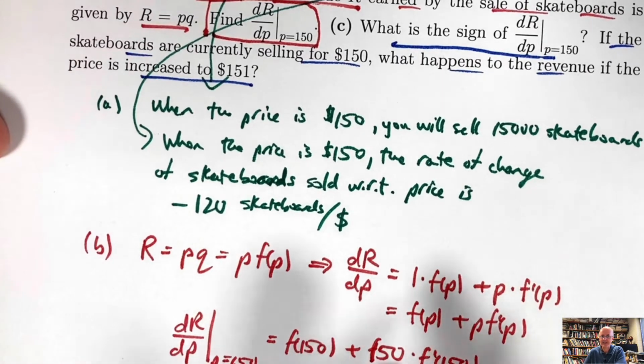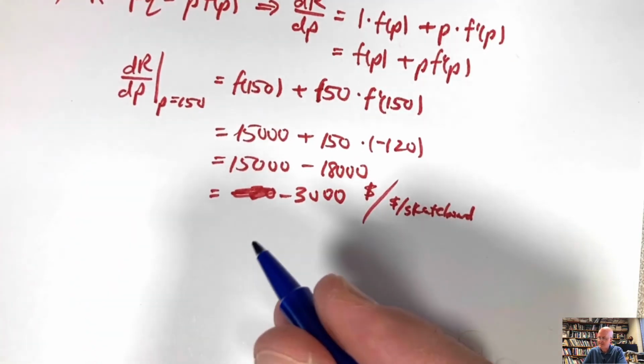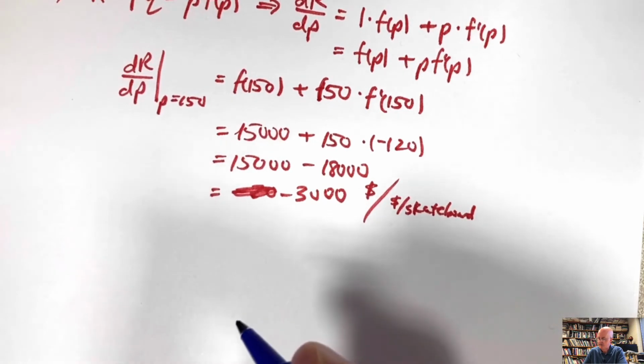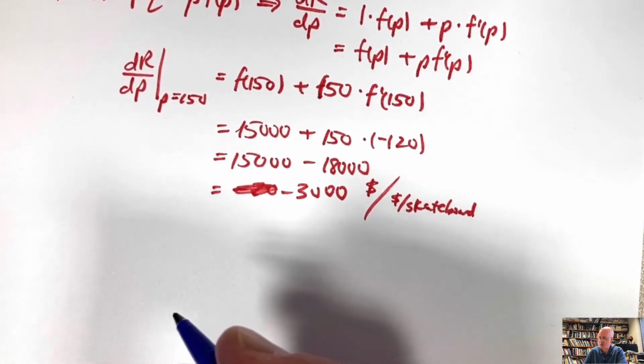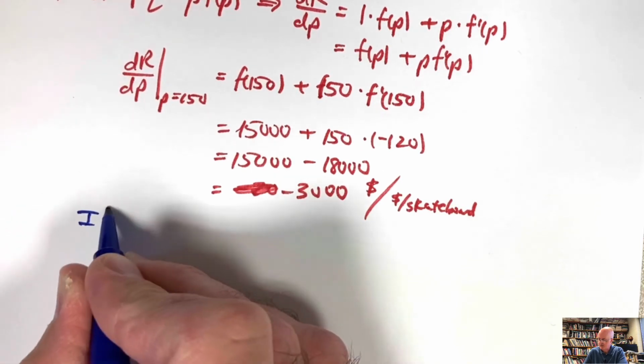If the price is increased to $151, what would we estimate be the new revenue? Or what could we describe here? We could describe it this way.